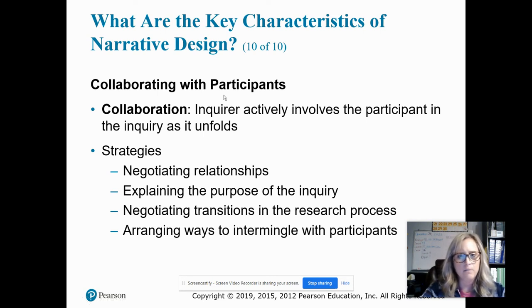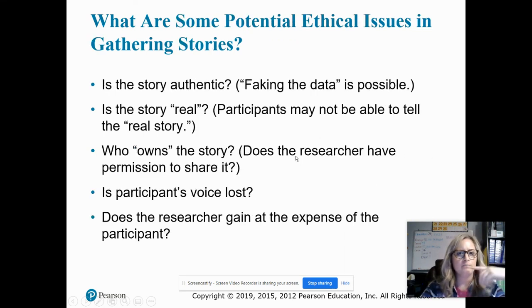They're going to know exactly why and what you're doing. And so you're going to be able to negotiate transitions in the research process with your participants, and you can arrange ways to intermingle and work with them. So it's a symbiotic relationship. You're working together, and you're going to build a good relationship with them. And it's a very personal type of research design.